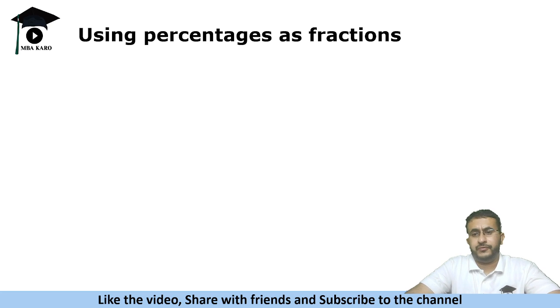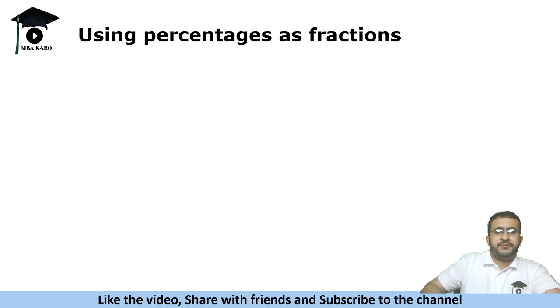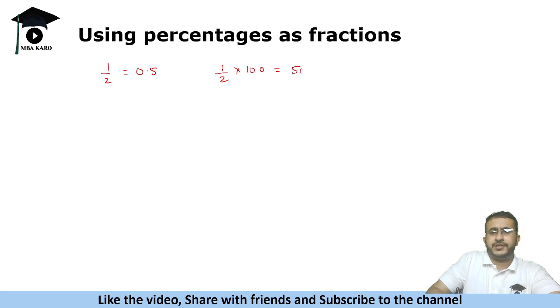Now, very important thing related to percentages is the fractions that are used along with percentages. So if I say 1 by 2, 1 by 2 is 0.5, or if I convert into percentages, I can directly say into 100, which is 50%.